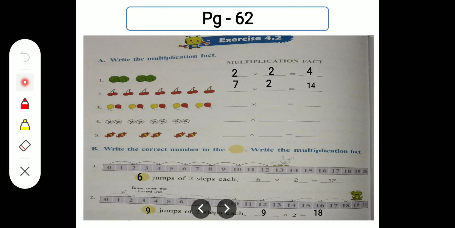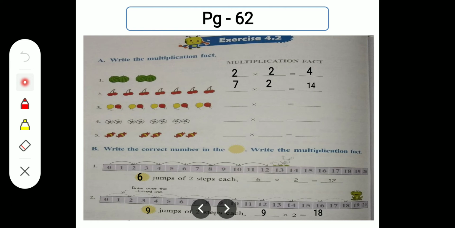Now turn to page number 62, exercise 4.2. Write the multiplication fact. Here we can see exercise A. In number 1 there are a few watermelons. So 1, 2, 3, 4.